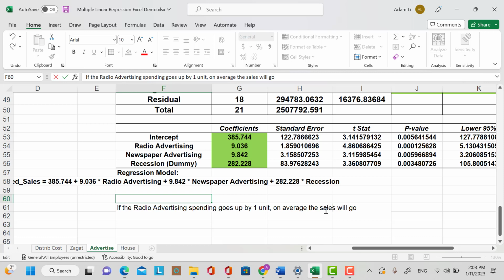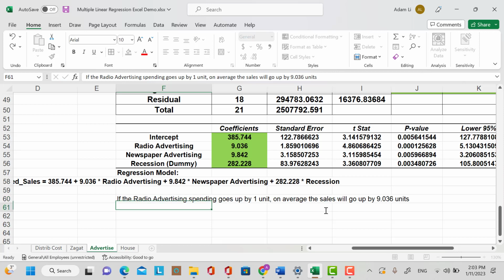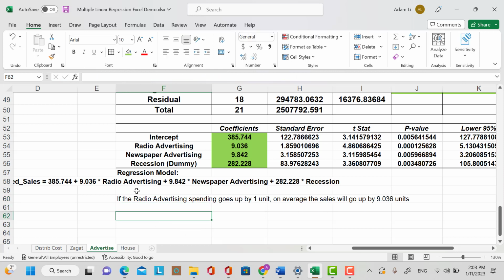Sales will go up by 9.036 units. Okay, so that's the interpretation of B1.